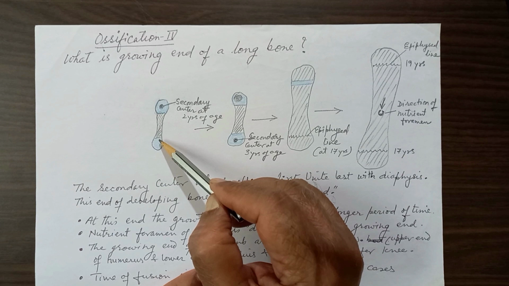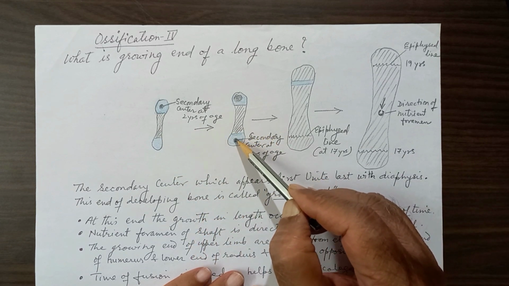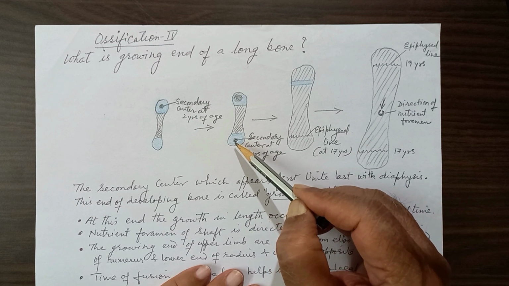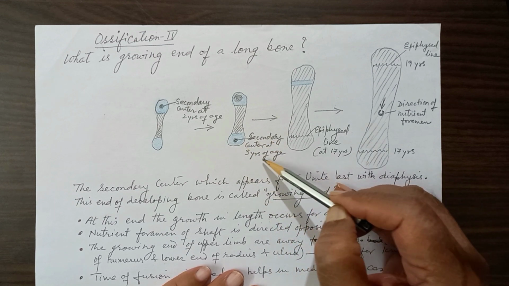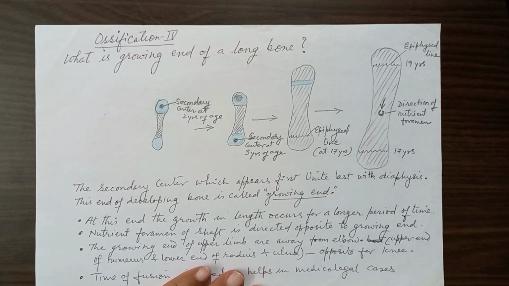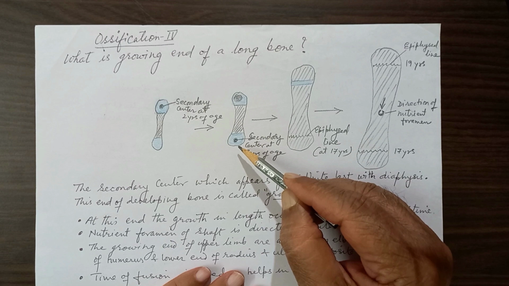Then after some time the lower end will also show the appearance of a secondary center, and it has appeared in the third year of age.